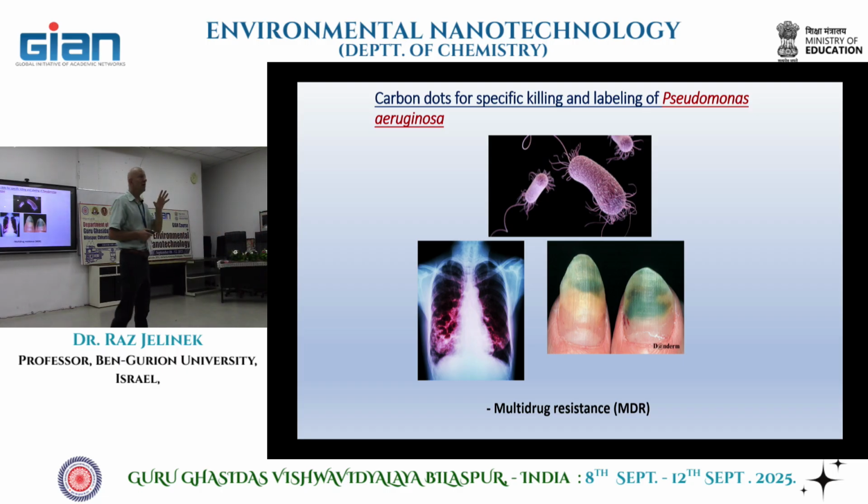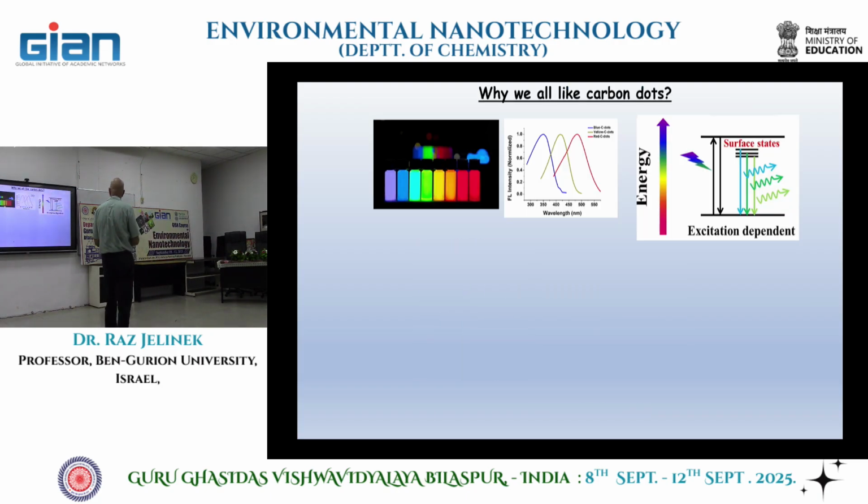And this is actually very dangerous because as time goes by, there is bacteria that can resist antibiotics. And then we cannot do anything to treat disease. So this is another good reason why we want to find new ways to kill bacteria, new antimicrobial agents.